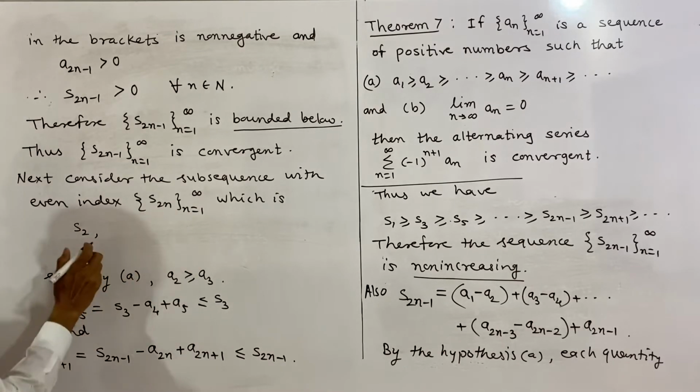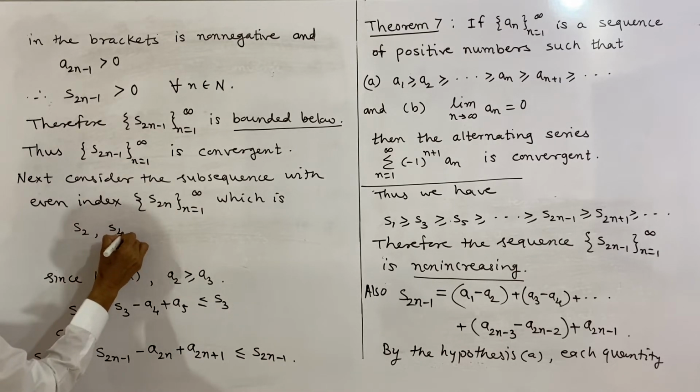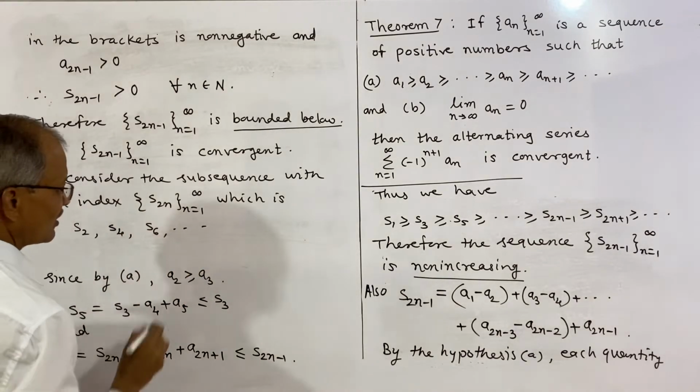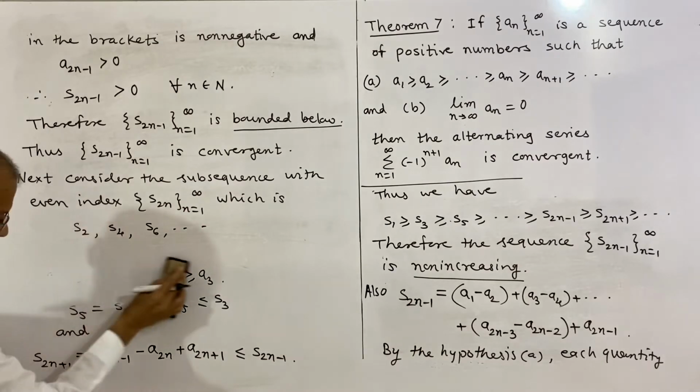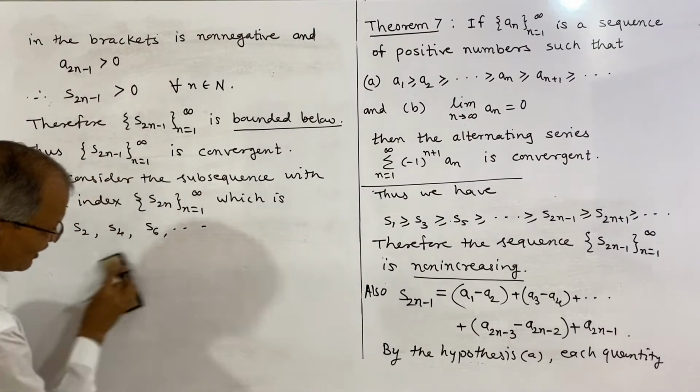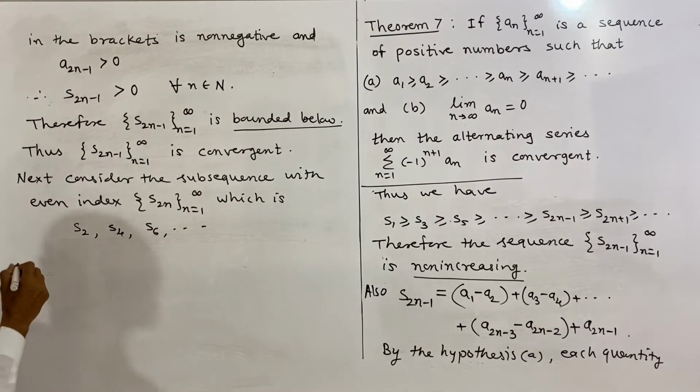N is 1, it is S2. N is 2, the term is S4, S6, and so on. So this subsequence we shall consider, and here we will write directly what is the S2n plus 1 term.